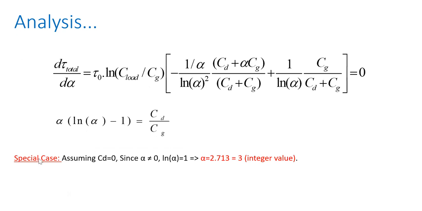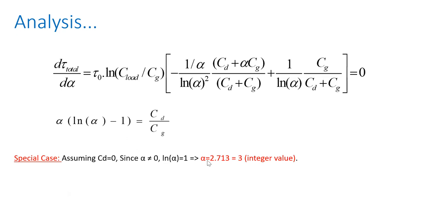Special case: if we assume CD equal to 0, because alpha is a size, it cannot be 0. Although CD equal to 0, the output capacitance being 0, is the ideal case and not possible practically, we get ln alpha equal to 1.